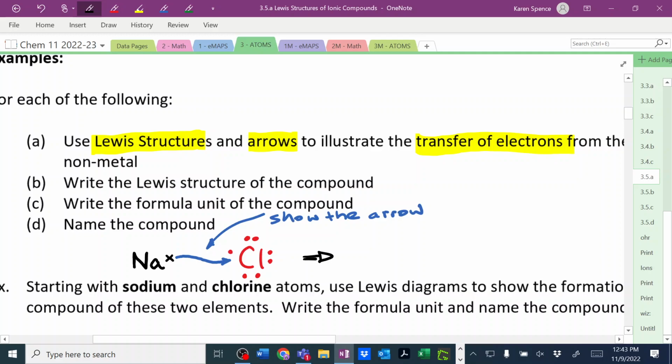And what we will end up with is we will end up with Na. Na just lost an electron. What is its charge? Plus. And chlorine, here we go, we're going to draw chlorine. We got this one, this one, this one, this one, this one, this one, this one. And now we have that extra one from the sodium.